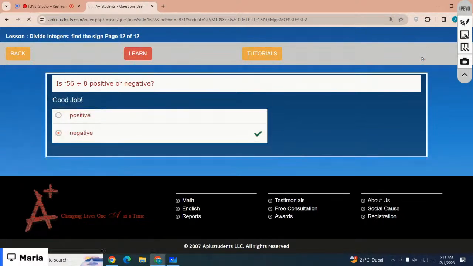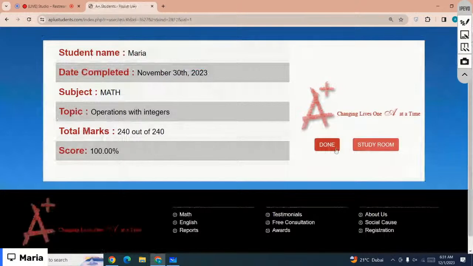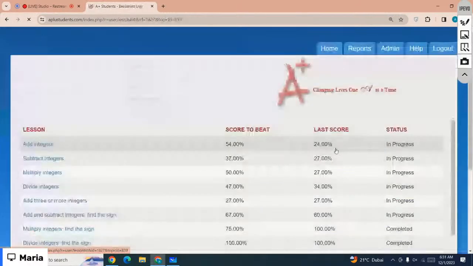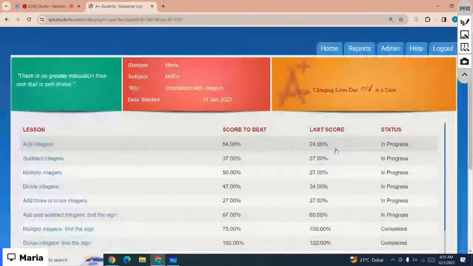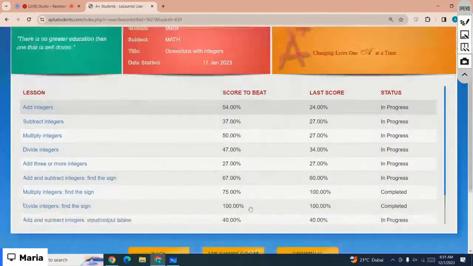Let's see the next lesson: add and subtract integers, input output tables. So let's see how we do input output tables for addition and subtraction of integers, right?